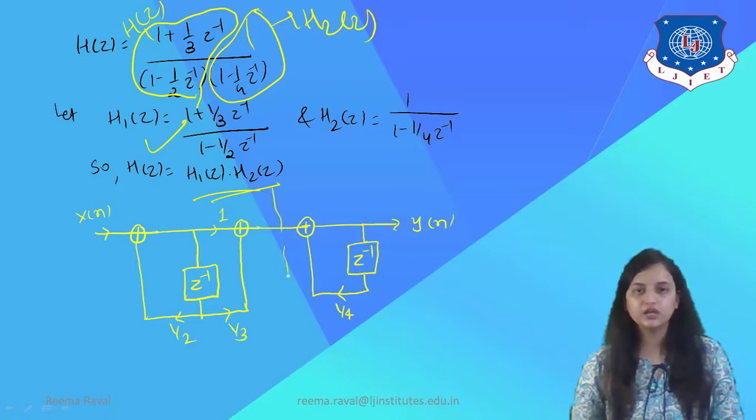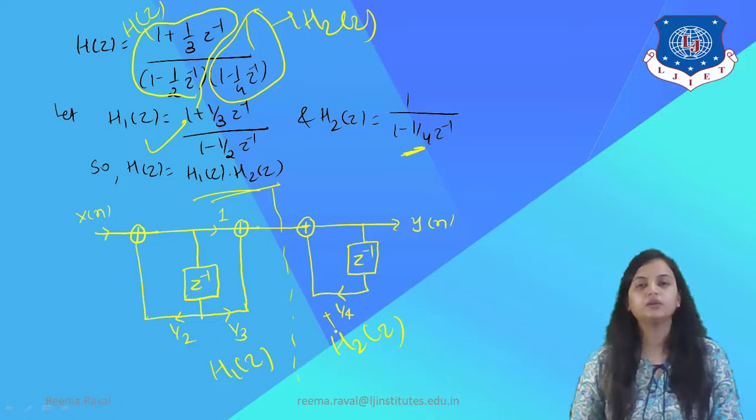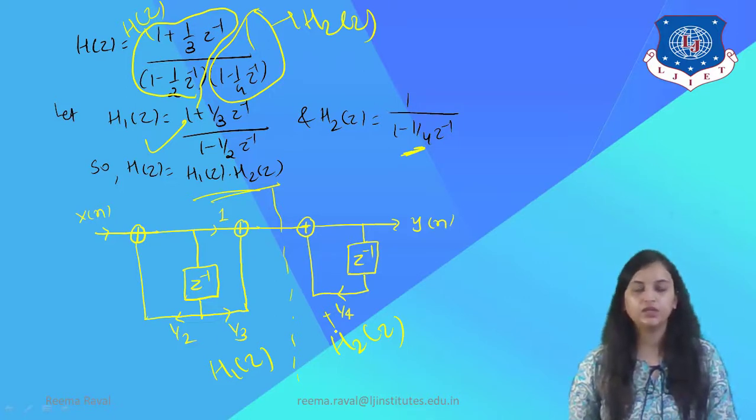As you can see in this structure, the first part indicates H1 of z, which is 1 plus 1 by 3 z inverse upon 1 minus 1 by 2 z inverse. And the second part indicates H2 of z, which is 1 upon 1 minus 1 by 4 z inverse. Here there is minus 1 by 4, so it is taken as plus 1 by 4, that means for direct form 2 realization.